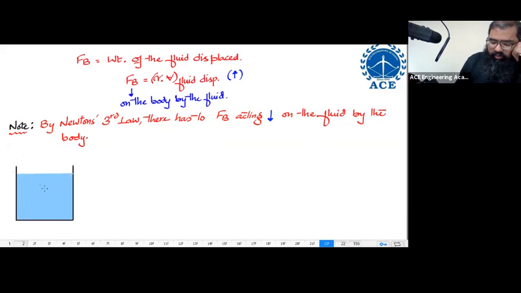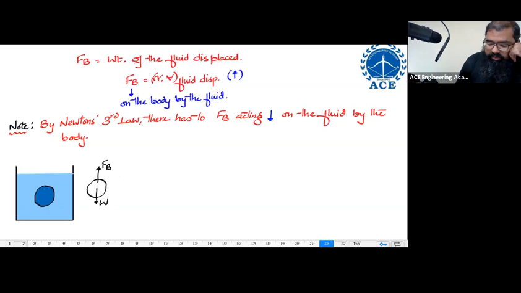There's a certain body, let us say some body over here like this. Now we know that if I look at the free body diagram of the body, W is downward, FB is upward. This is the free body diagram of the body over here.